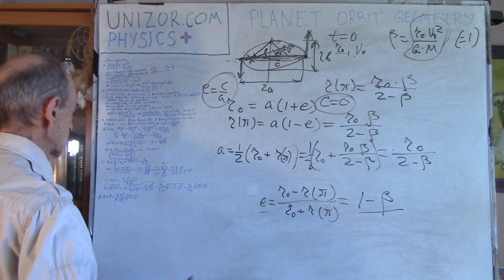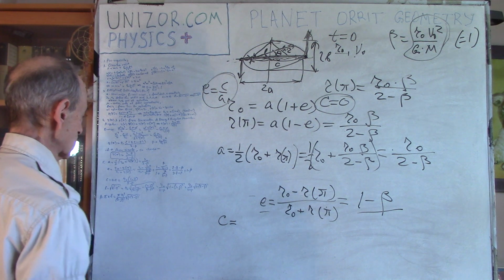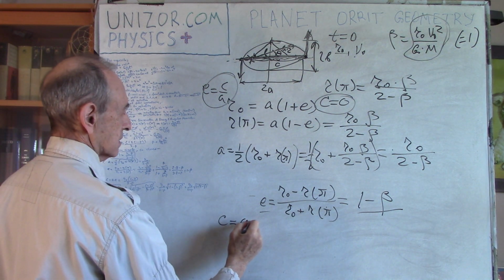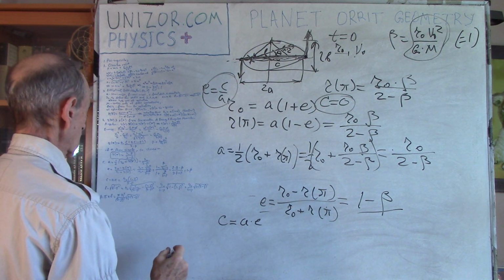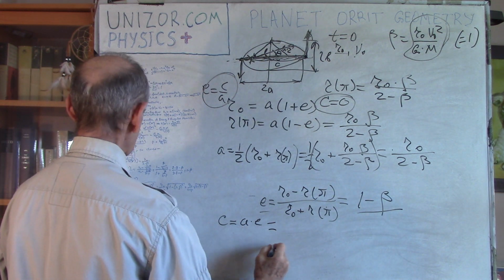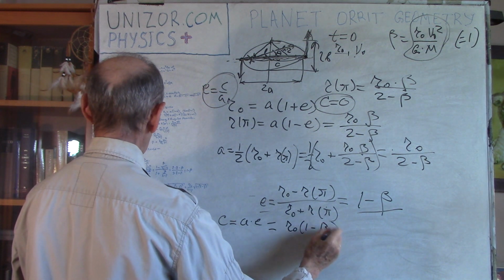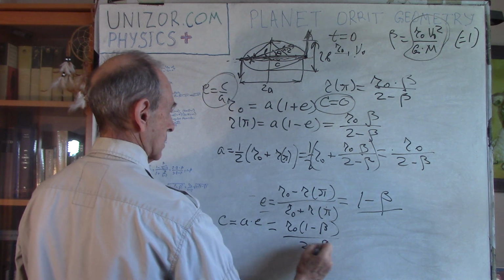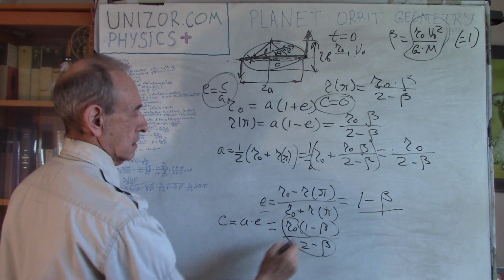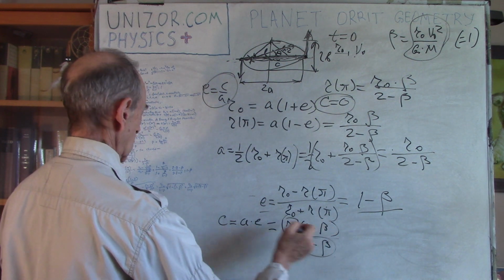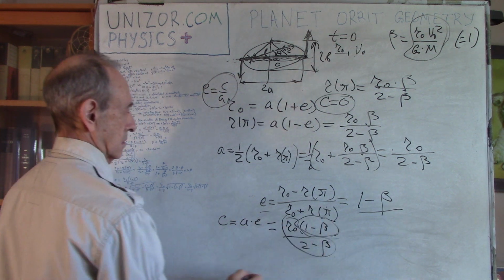Now, what else do we need? We need C. C is our semi-focal distance, and that's easy. That's A times E. So you multiply them by each other, and C is equal to R0 times 1 minus beta divided by 2 minus beta. This is A, and this is E, right?